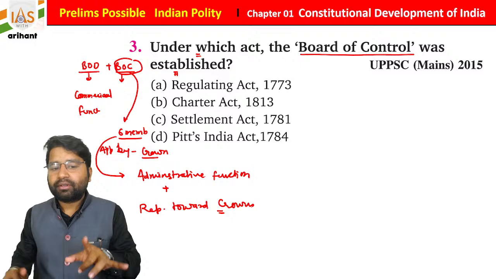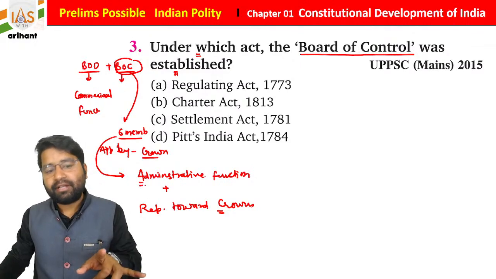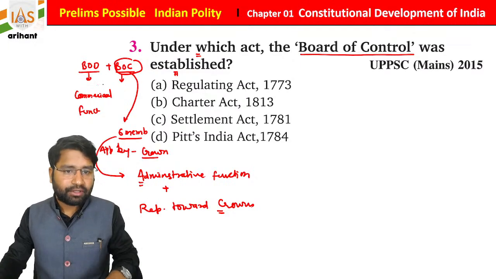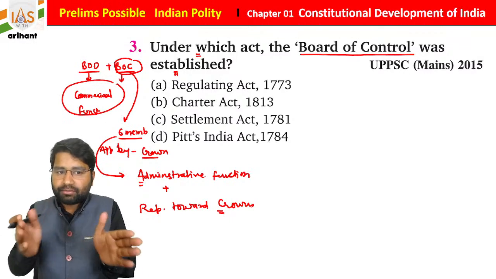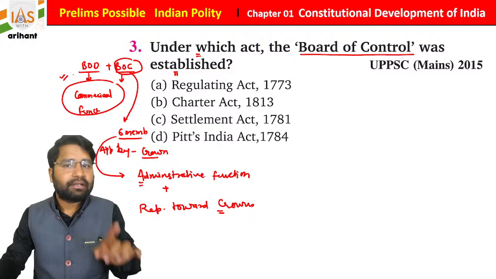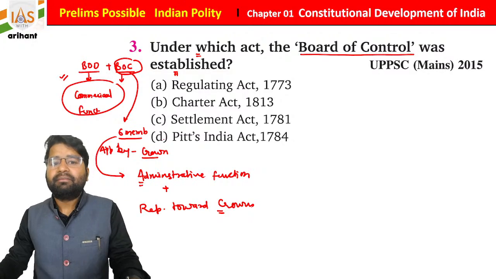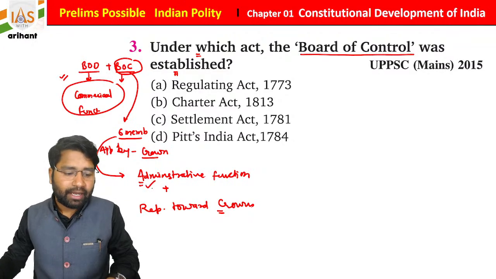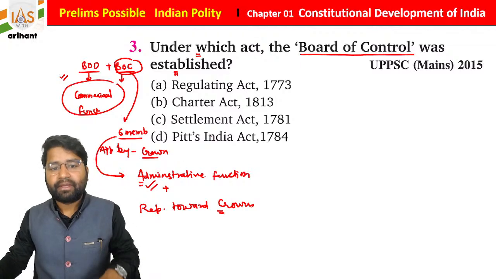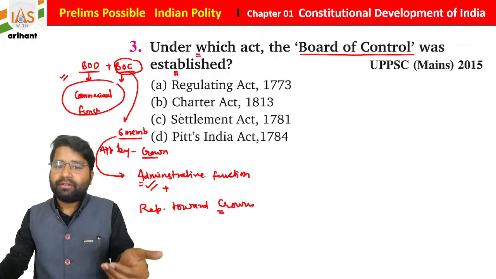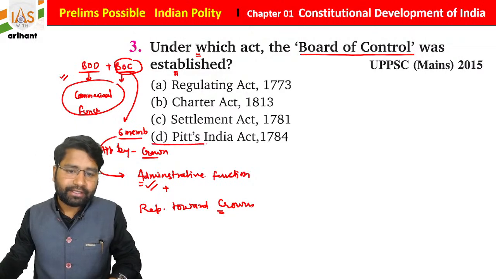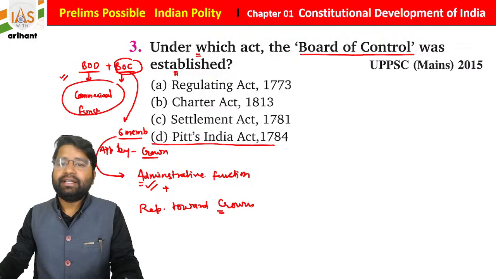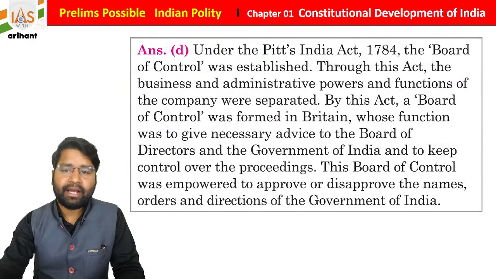And one important thing, students, they are especially made for the administrative function. And here the function of both offices is going to be clear. Board of Directors will conduct the commercial function, and Board of Control will conduct the administrative function. So there was a modification, and this modification takes place under the 1784 Pitt's India Act, students.